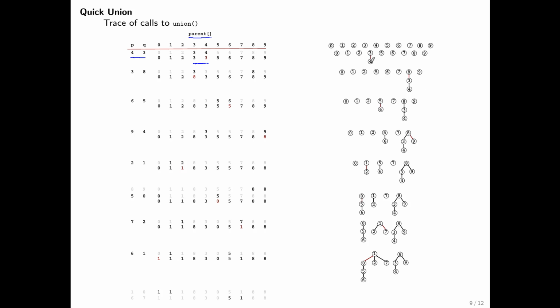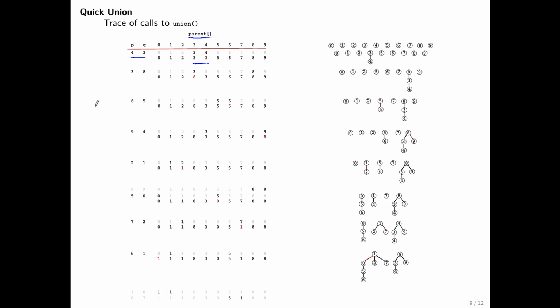So 4 now belongs to this tree. 4's parent is 3, which is what is indicated by these values. 4's parent is 3 and 3's parent is 3 itself, because it's the root of this tree, and that's what is shown here. 3's parent is 3. So this is how you want to think about the array visually.